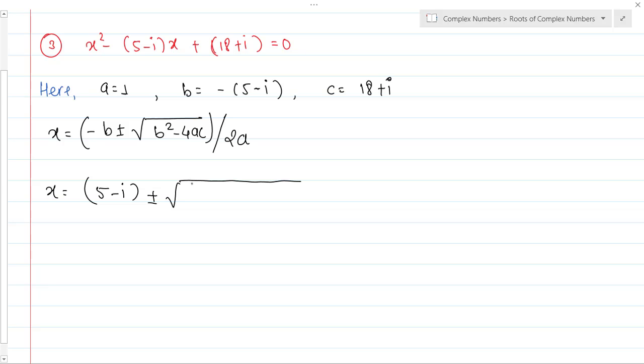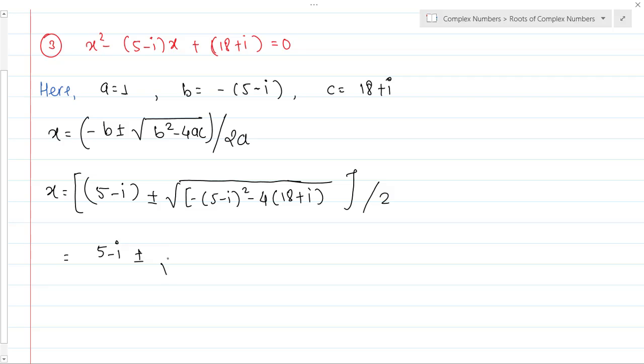So b square means the square of this: minus of 5 minus i whole square, minus 4 into a, which is 1, and c, which is 18 plus i, divided by 2. Okay, so this is the bracket I am getting. So this equals 5 minus i plus or minus.